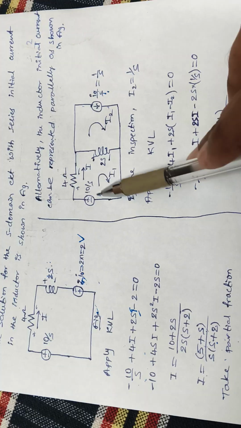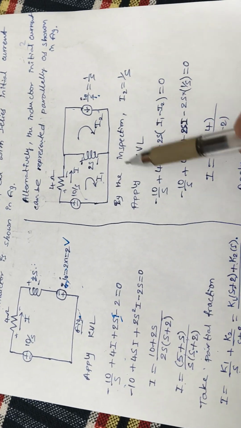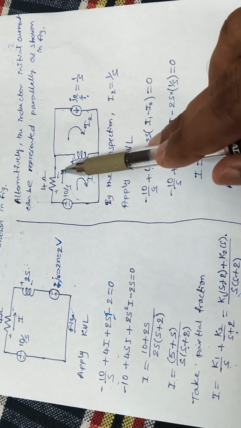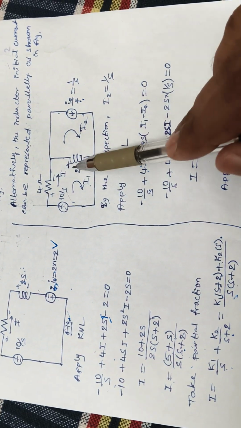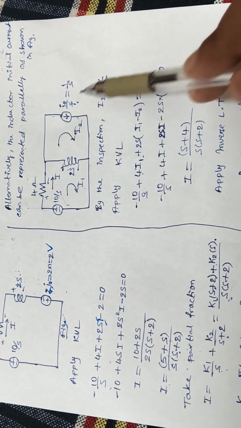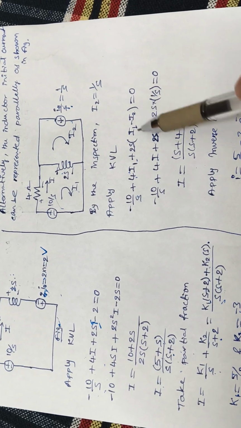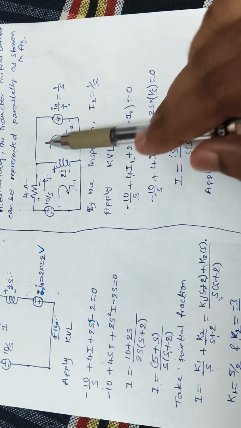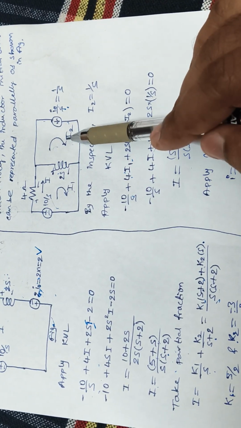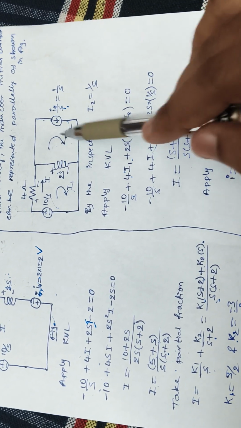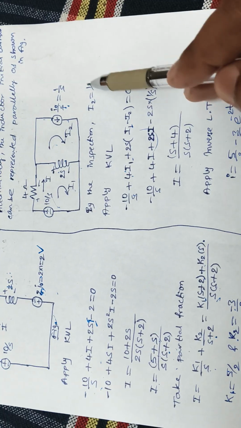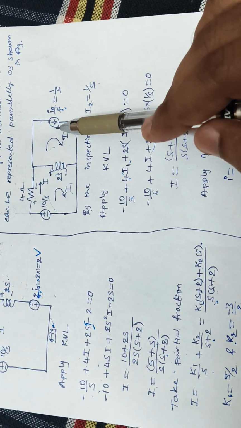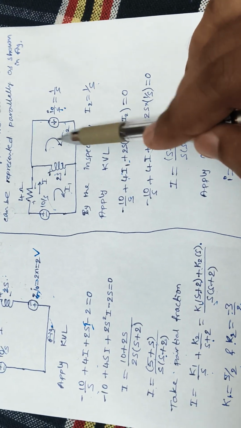If you apply KVL to this loop, it becomes minus 10 by S plus 4 into I plus 2s into (I minus I2), that is I1 minus I2. By direct inspection, I2 is equal to I0 by S, which is 1 by S, if you observe the outside loop.